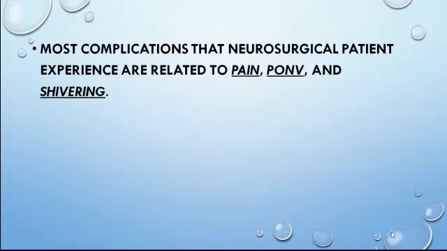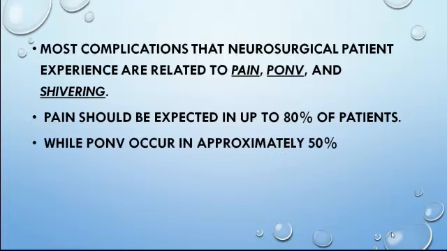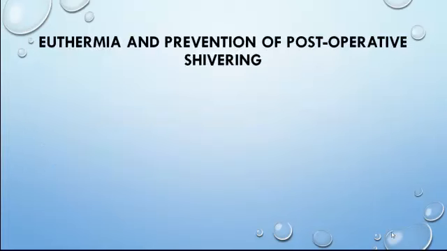Most complications that neurological patients experience are related to pain, nausea, vomiting, and shivering. Pain should be expected in up to 80% of patients, while post-operative nausea and vomiting occur in approximately 50%, and shivering in 30%.